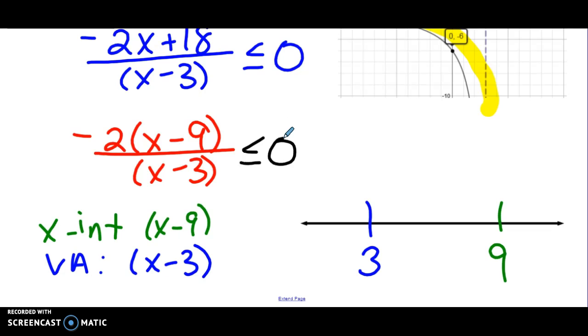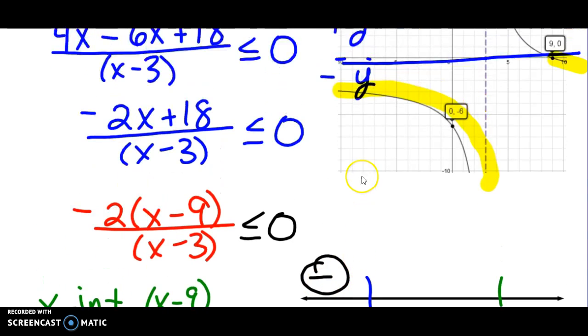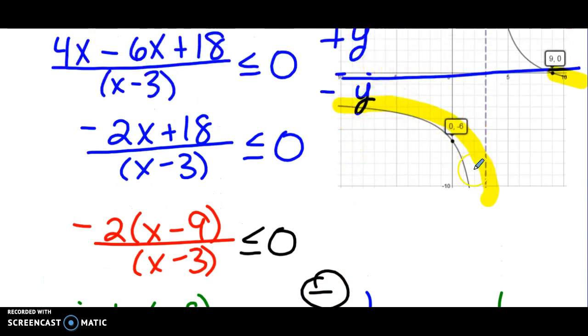Negative 2 is always going to be negative. If we plug in something like 0, 0 minus 9 is also a negative, and 0 minus 3 is also a negative. So we get a net negative. So this function lies below the x-axis when x values are smaller than 3, just like we see right here.